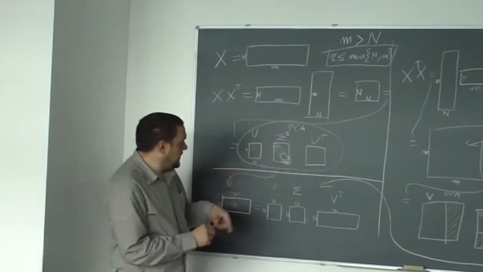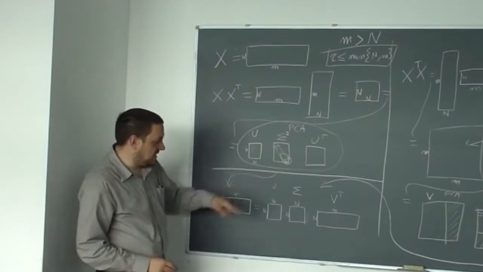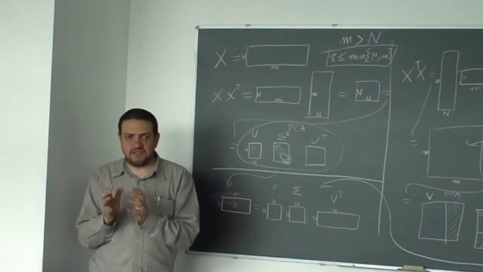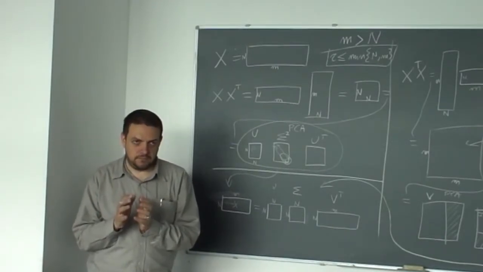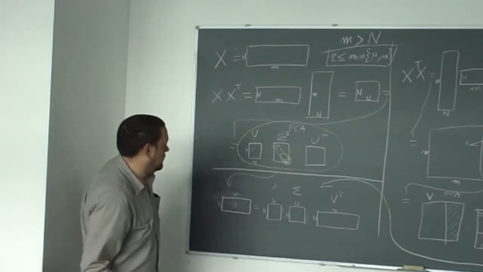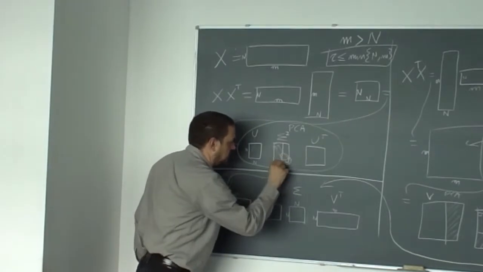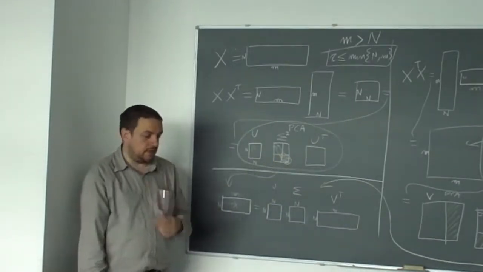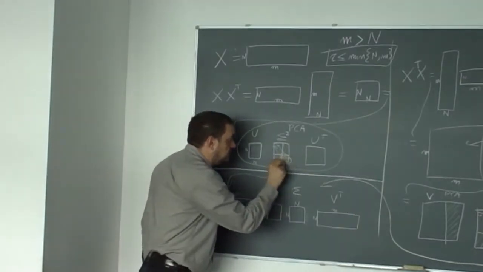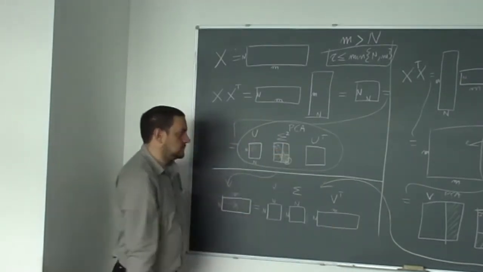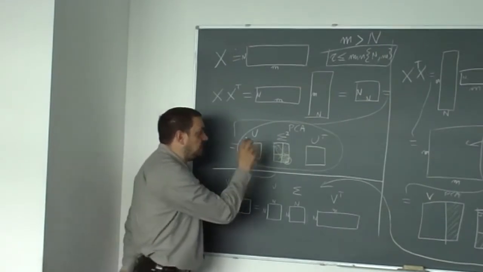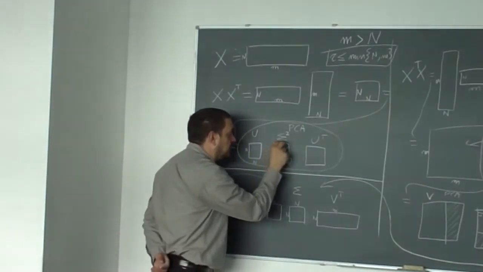If these are 0, it means that we can reduce the size of our matrices even more. So if here we have some 0 values, then the sigma square matrix can be reduced even more. It can be reduced to an R by R matrix.